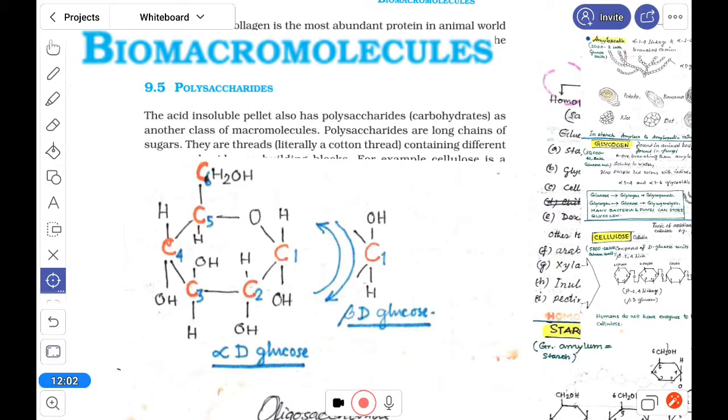Okay, now in your book you can see the cellulose, glycogen, the diagrams also, how they form and how they look. Let's take a look.